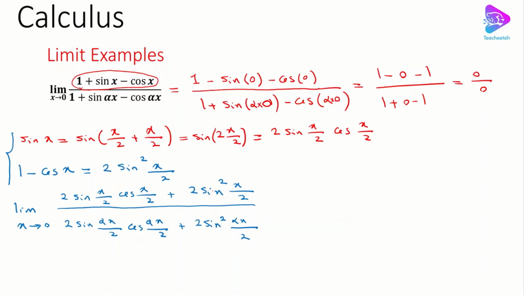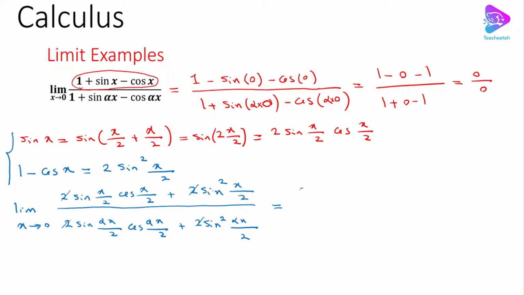Okay, at this moment, we can use some factoring in order to continue solving this problem. If we look at the top part, we have sine x over 2 in both terms, so we can factor it out, and the 2 can be cancelled from the top and bottom.